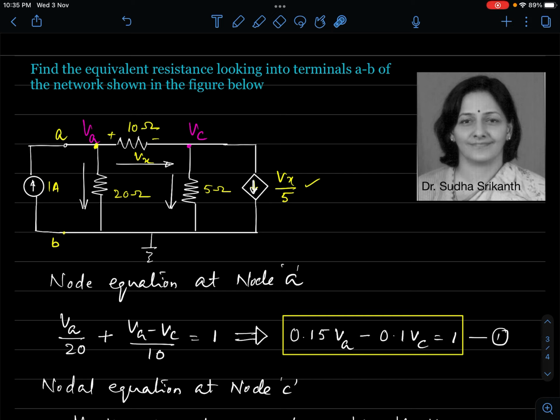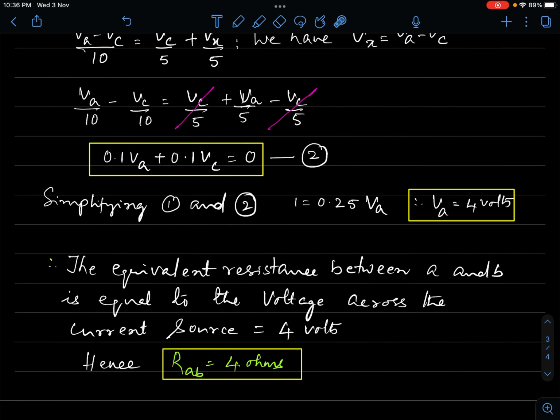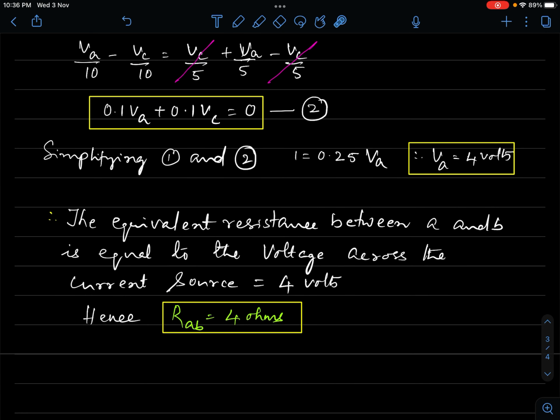When you don't have an independent source, there is no dependent source. So if the network doesn't have an independent source, we connect a 1 ampere current source, find the potential difference across it, and thereby the equivalent resistance. This is one important method which is helpful in solving problems on theorems also.